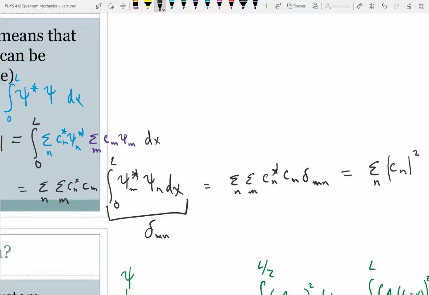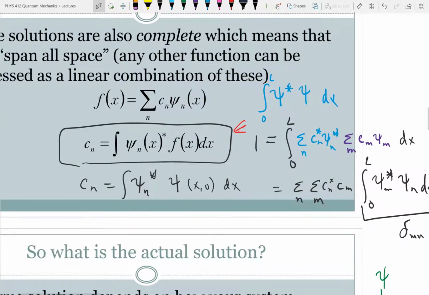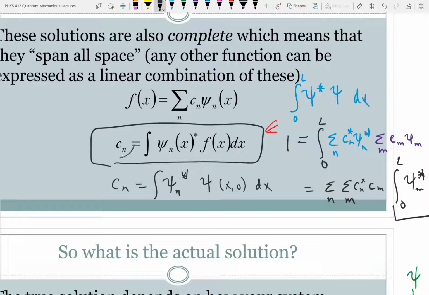So this exercise took pretty much all of last class period and the beginning of today. What's the point of it? Obviously, I don't do an exercise for no point, but when you go so long, you kind of forget what the point was. The point was to show that we can find what these coefficients are, so I can write out my state, the capital psi of x comma 0, as the sum over n of each one of those c sub n's times the steady state solution n.